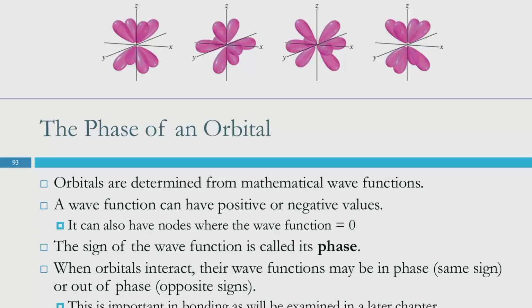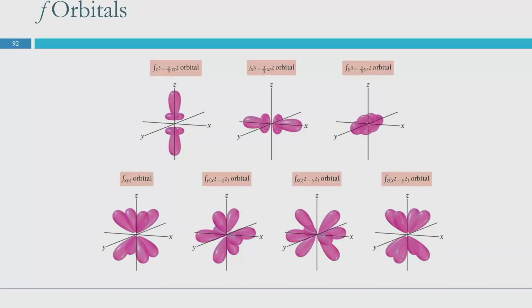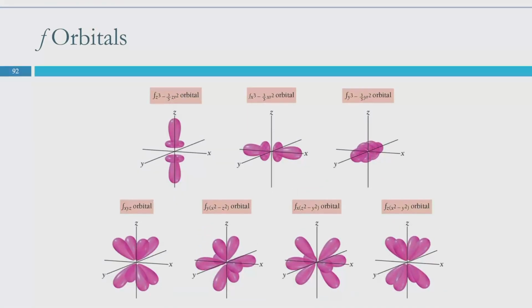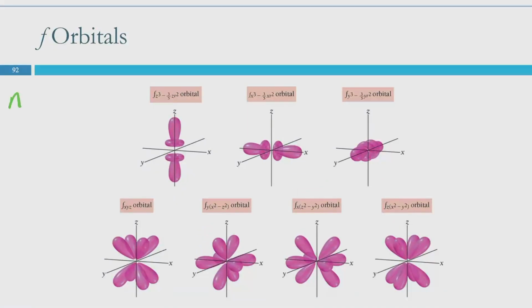Okay, summarizing for our different orbitals. For our n levels, 1, 2, 3, and 4, we've also got subshells and L values.